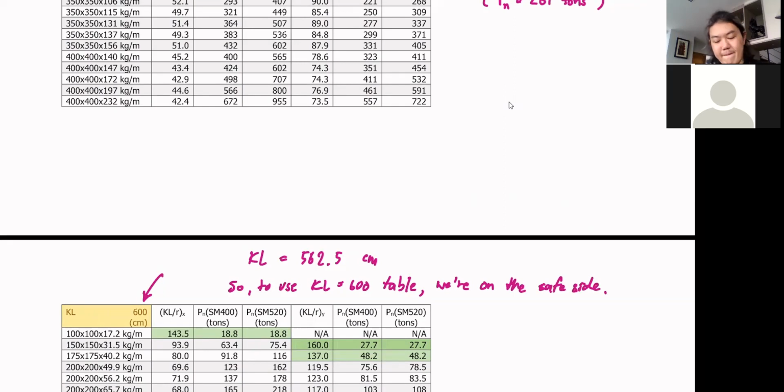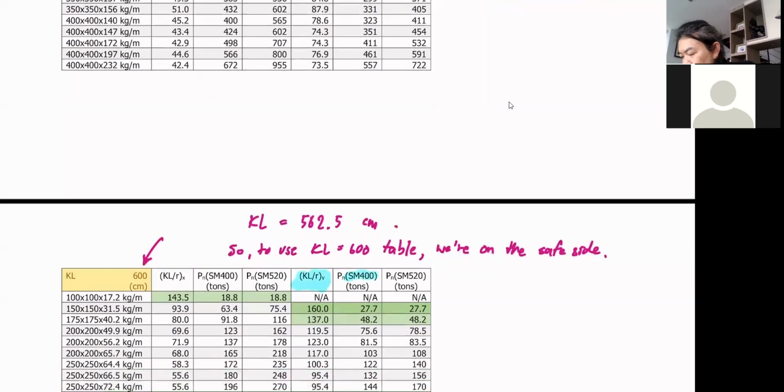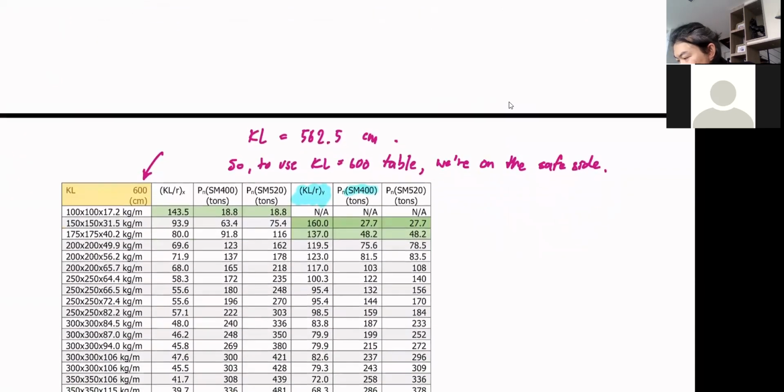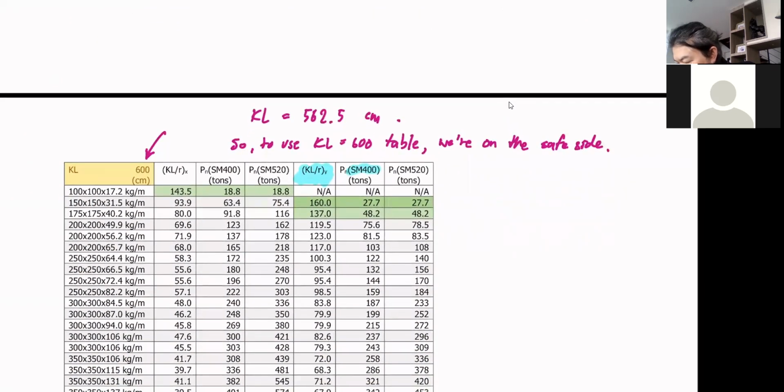Right? Now, this is our target. And remember, this is KL over Ry. So we need to keep looking here for SS400 until we have the load that is greater than our target, which is 278, right? So here we have it.